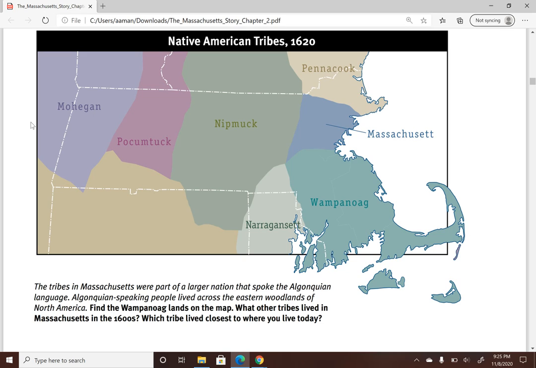The tribes in Massachusetts were part of a larger nation that spoke the Algonquian language. The Algonquian speaking people lived across the eastern woodlands of North America. Find the Wampanoag lands on the map. What other tribes lived in Massachusetts in the 1600s? Which tribe lived closest to where you live today?